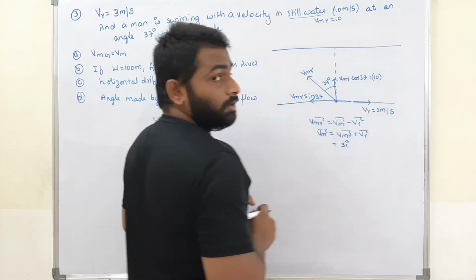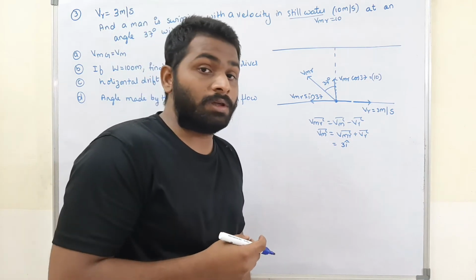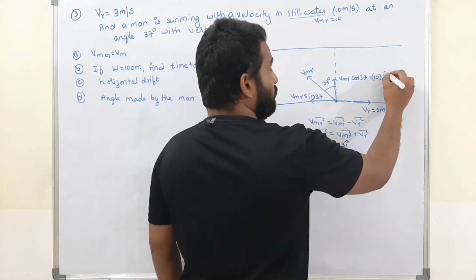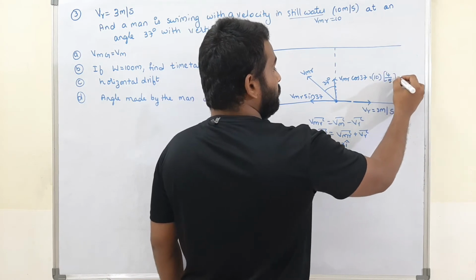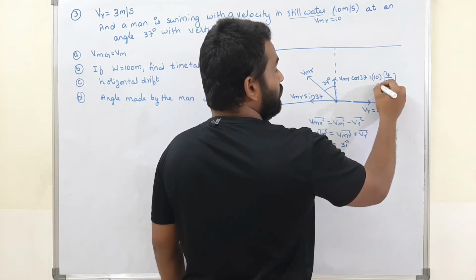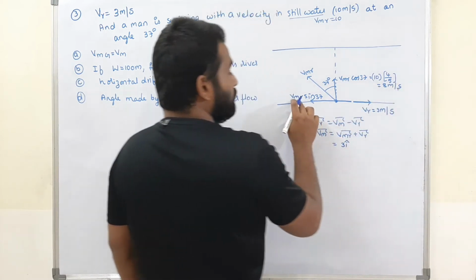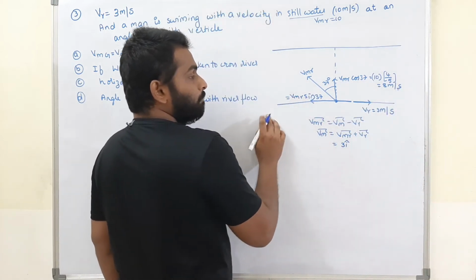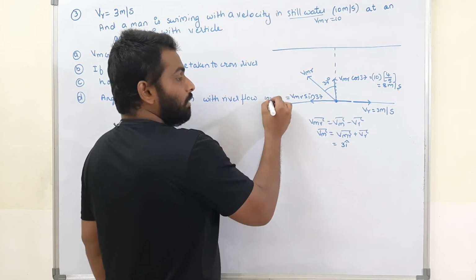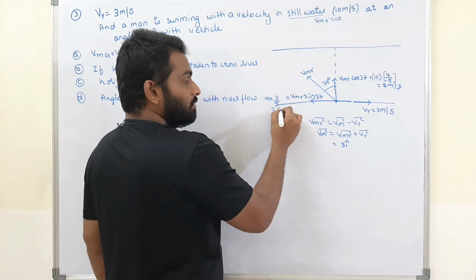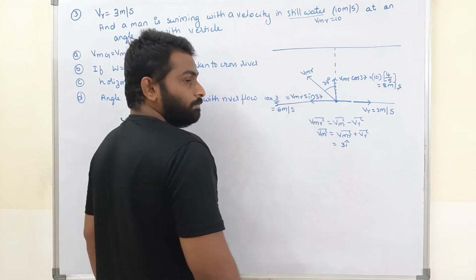What is the value of cos 37? Already we know, the value of cos 37 is 4 by 5. You have to remember this. That is 5 twos are 10, 2 fours are 8 meters per second. Now VMR sin 37, VMR is 10, sin 37 is 3 by 5, which is nothing but 6 meters per second.